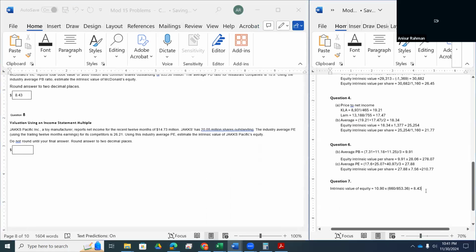Now question 8. It reports net income, shares outstanding, and industry average PE, and asks for intrinsic value. Very similarly, we found the intrinsic value of equity per share.